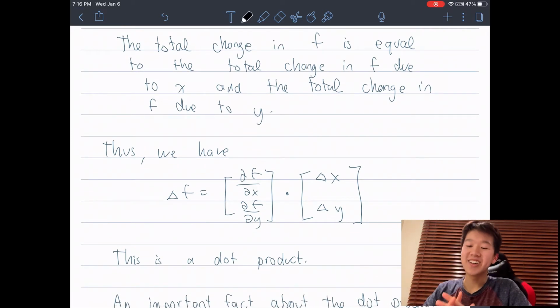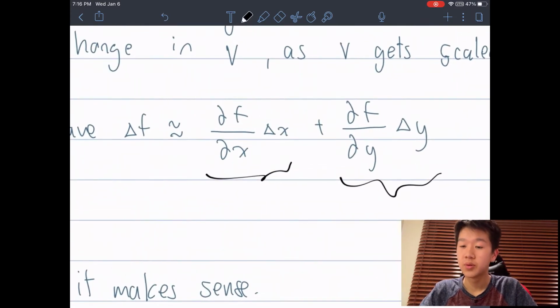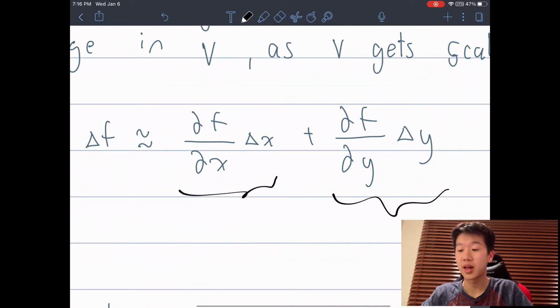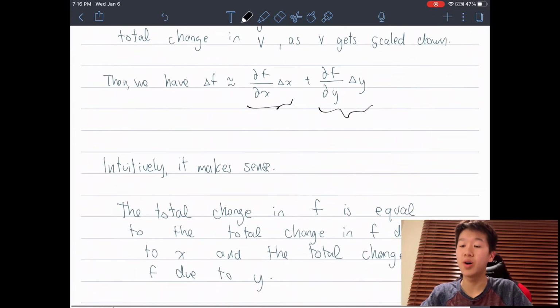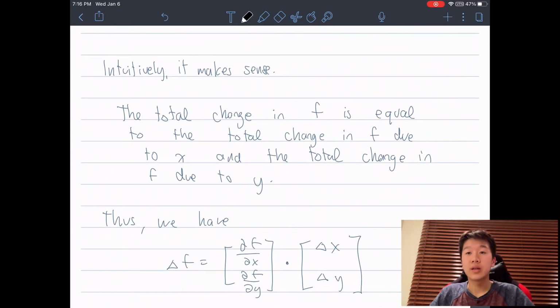Alright, okay, so we finally have that the change in f is equal to del f over del x multiplied with delta x plus del f over del y times delta y, and you can represent that more compactly with the dot product.